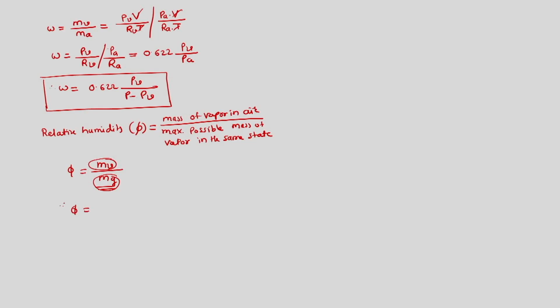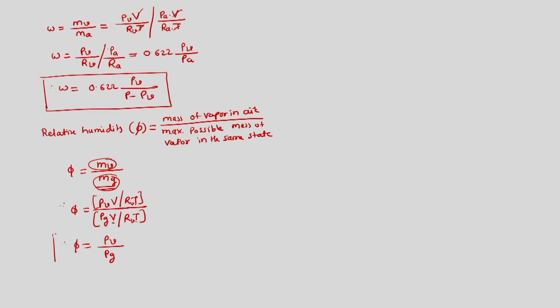So relative humidity is basically PV into V divided by RT, so this is the mass of vapor. Now there is the mass of saturated vapor, which is Pg into V divided by RT. So this is the mass of saturated vapor in the same volume and at the same temperature. So we have phi equal to PV by Pg, since we have RV in both, so this would get cancelled.